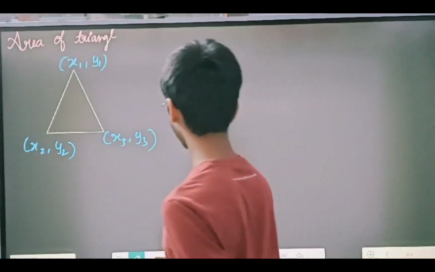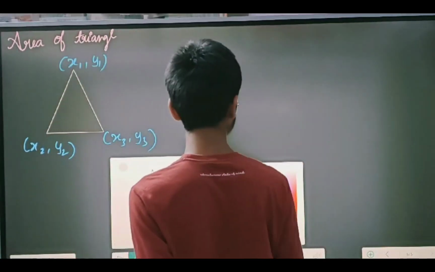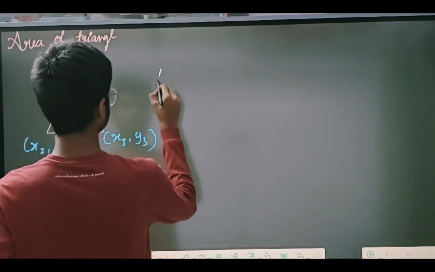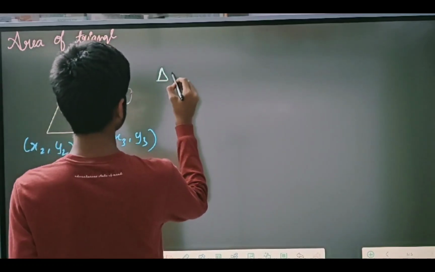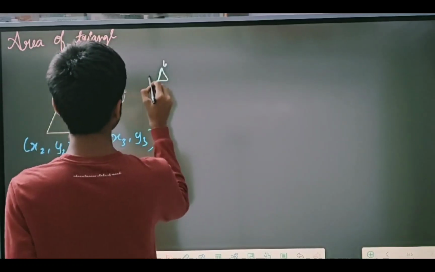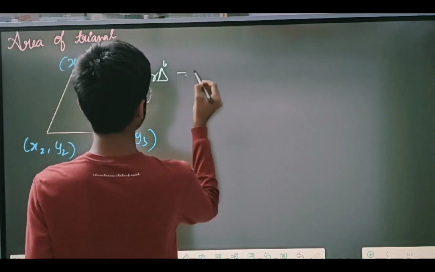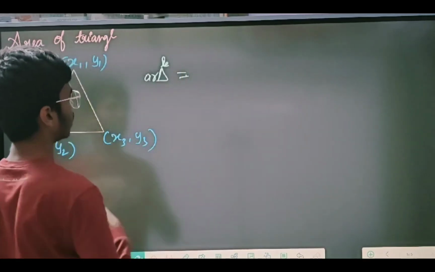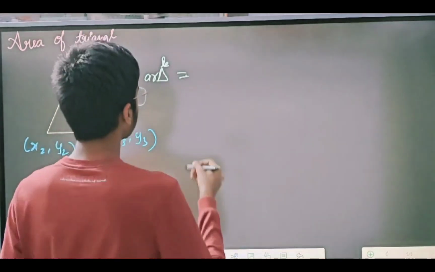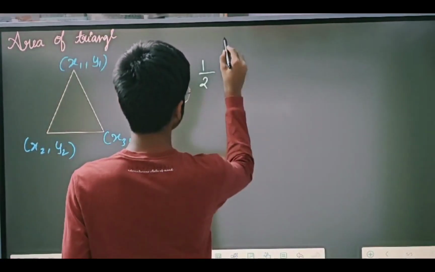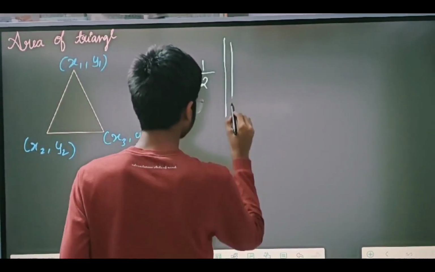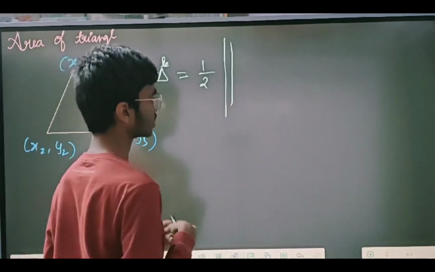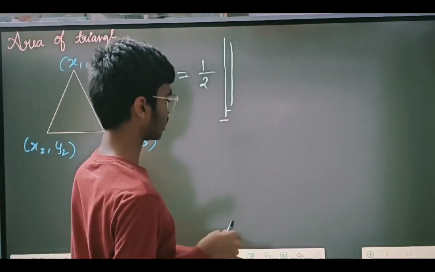So the formula you're going to use is: area of triangle is equal to 1 by 2 into modulus and the determinant symbol. This is modulus, this is determinant.